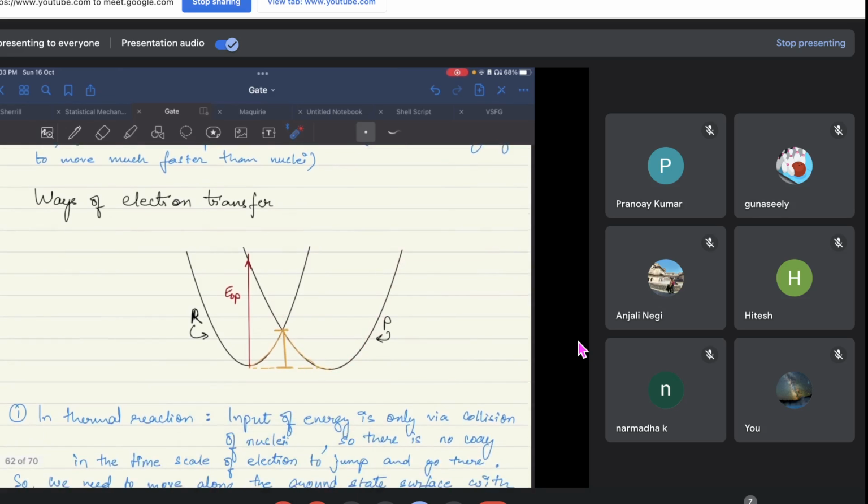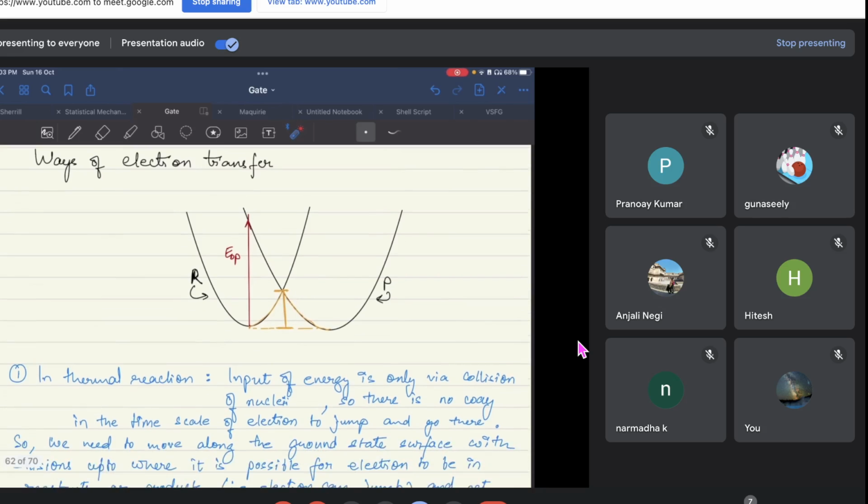Electron transfer can take place in two different ways: either optical transfer takes place electronically, or a thermal transition takes place. In a thermal reaction, the input energy is only via collision of nuclei.